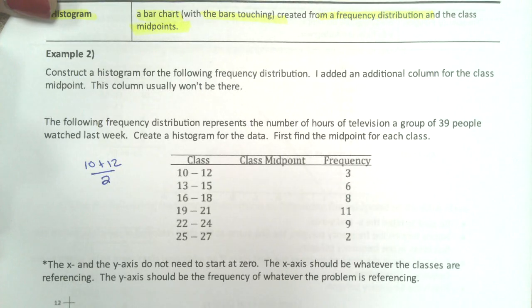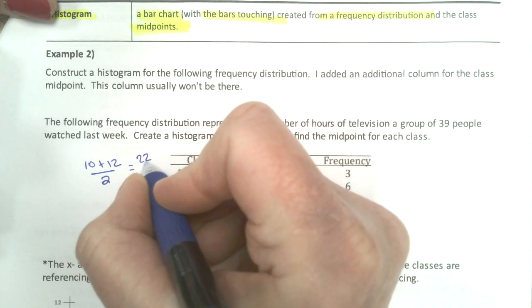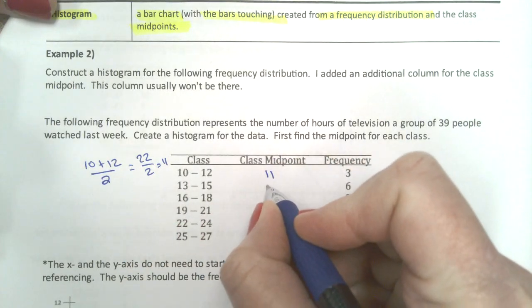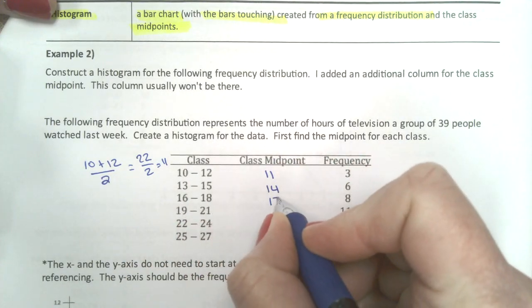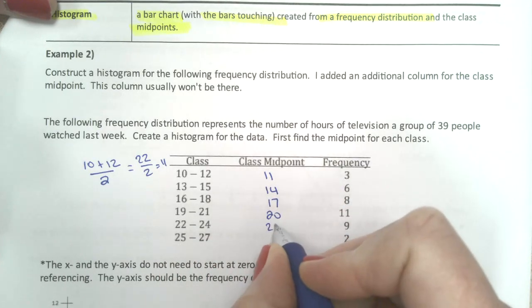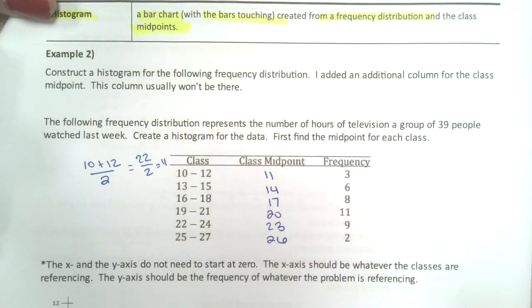Sometimes it's mental math and sometimes you need the formula to help you. So I have 22 divided by 2, which gives me a midpoint of 11. The midpoint of the next one would be 14, 17, 20, 23, and 26.